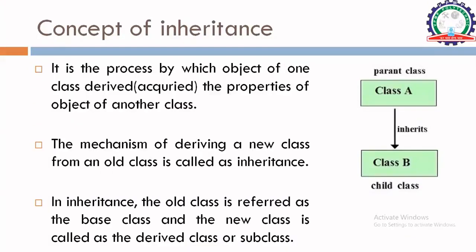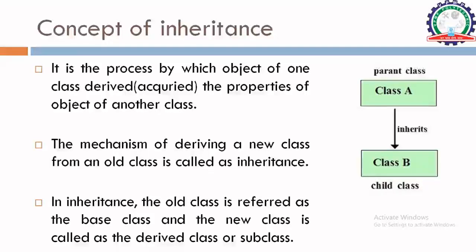Let's see the first one, concepts of inheritance. Students, you all know that in the first unit of programming in C++, we discussed the basic concepts of C++. In that we have seen inheritance. Yes, it is one of the basic concepts of programming in C++.